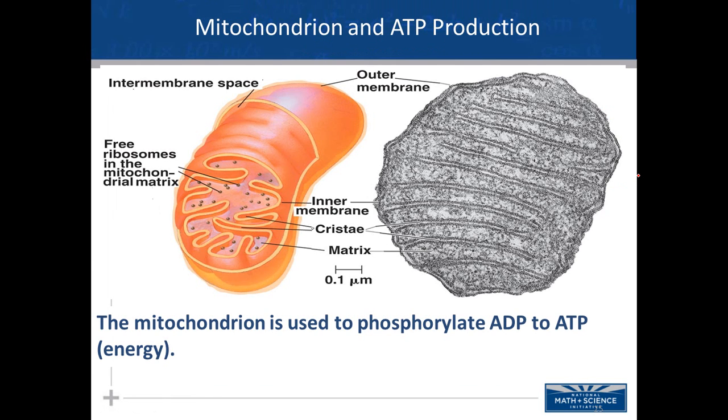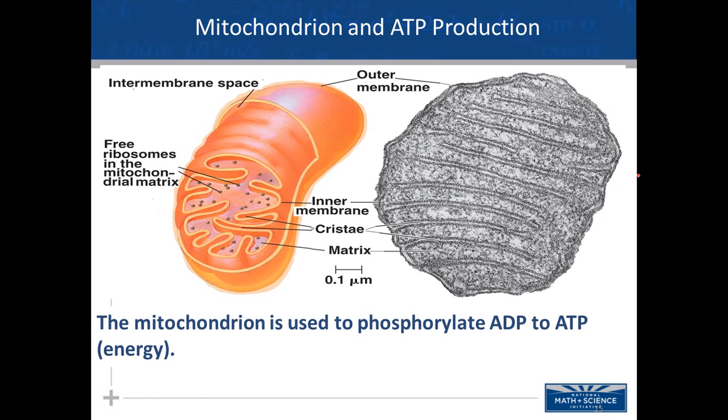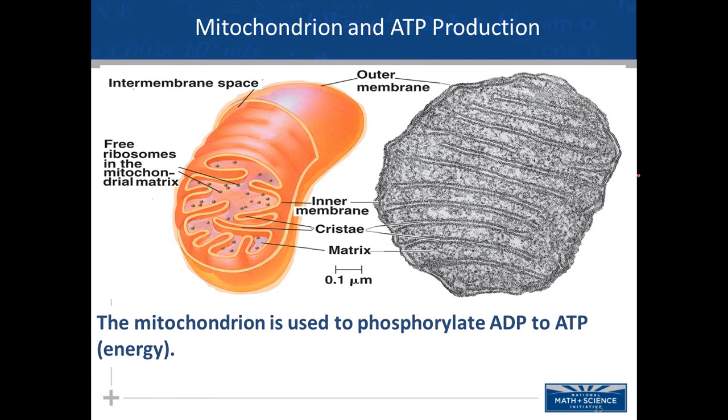And the mitochondrion has been called the powerhouse of the cell. And it's this wonderful little organelle that has the ability to take ADP and convert it into ATP. ATP is the molecule that is used in a lot of energy conversions within the cell.